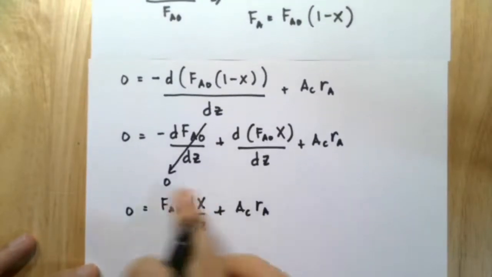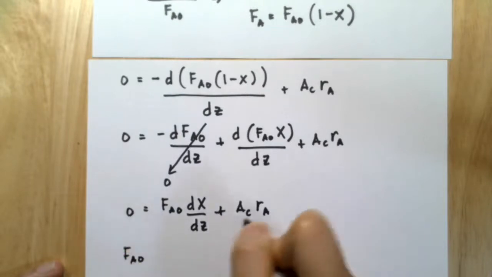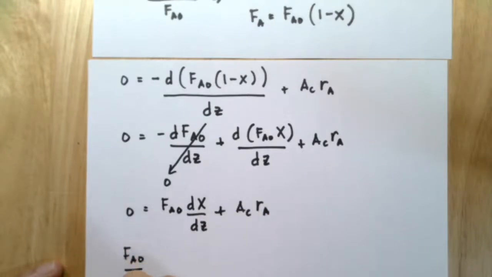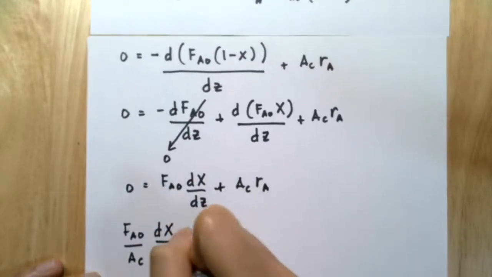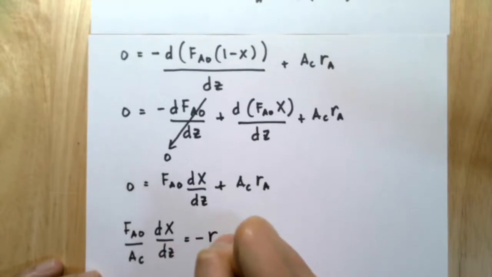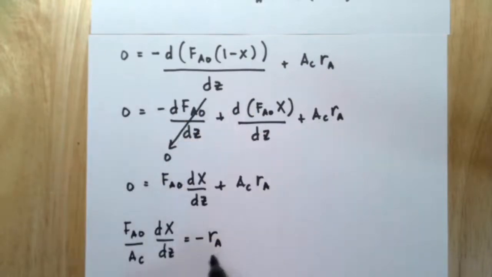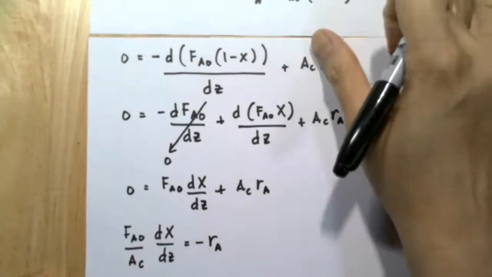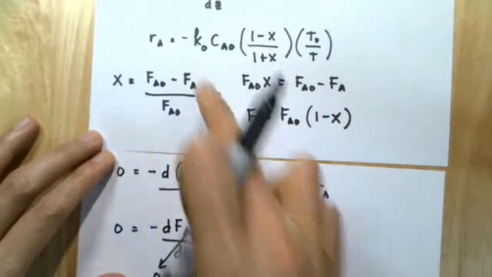Now I can rearrange this equation. I'll have FA0, and then I'll move the AC to this side, so I'll have AC dX/dZ, and this is equal to negative RA. I'll move this to the other side, so it will have a negative here. RA is given by this, so I can just substitute this expression here.